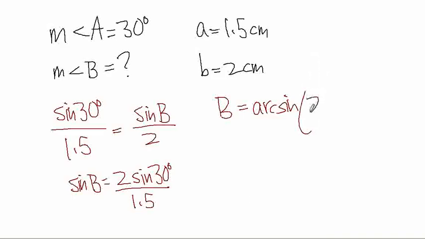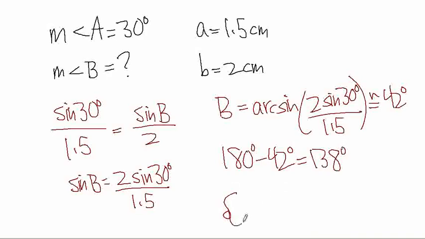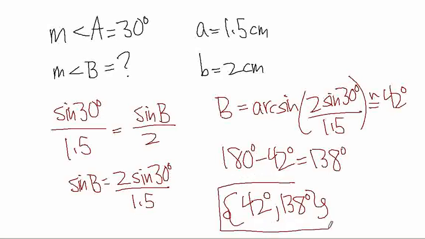The arc sine of 2 times the sine of 30 degrees all over 1.5, and that is approximately equal to 42 degrees. But we also need to consider 180 degrees minus 42 degrees, which is 138 degrees. So the full solution set includes 42 degrees and 138.